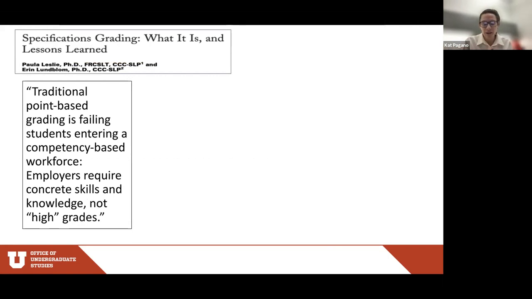This is right from their article: traditional point-based grading is failing students entering a competency-based workforce. Back to what Jennifer said, if students go right into a workforce, it's not about this grade or high points. You either need to demonstrate that skill or not.